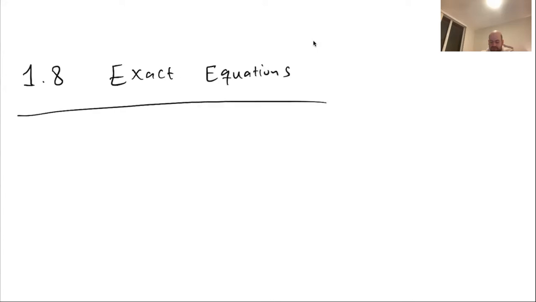Now today I want to move on to the next topic, which is 1.8, exact solutions, exact equations. So consider a first order ODE. We are still in the topic of first order ODEs.